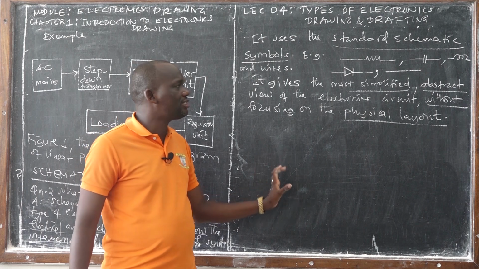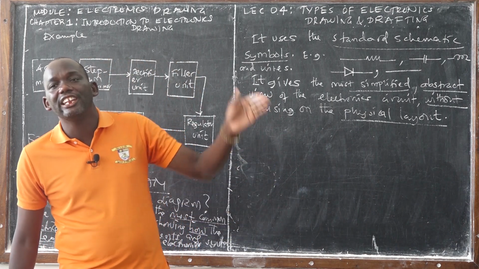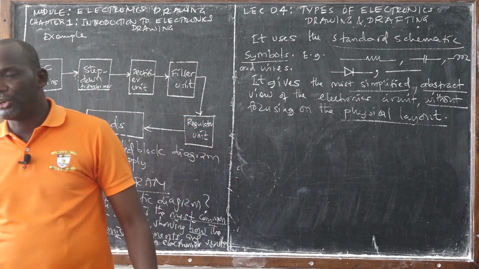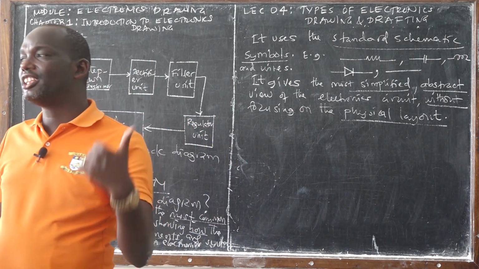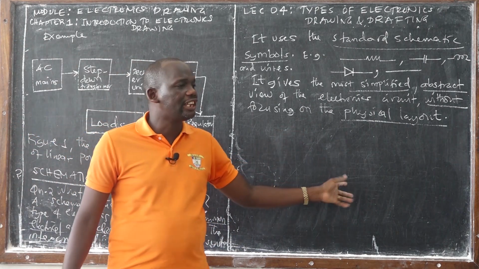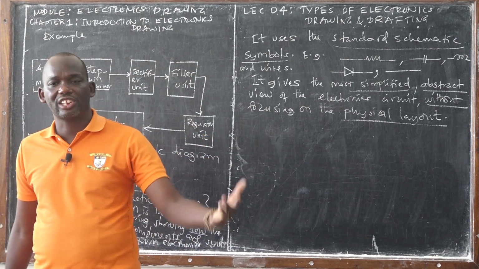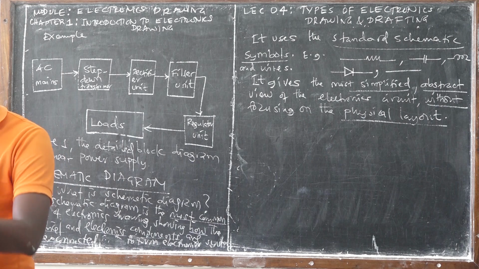However, it can give you important information that can help you to design the physical layout. When you say physical layout, we mean a detailed layout diagram. So it doesn't talk about how you will build, implement or construct that particular system. That's one of the limitations.